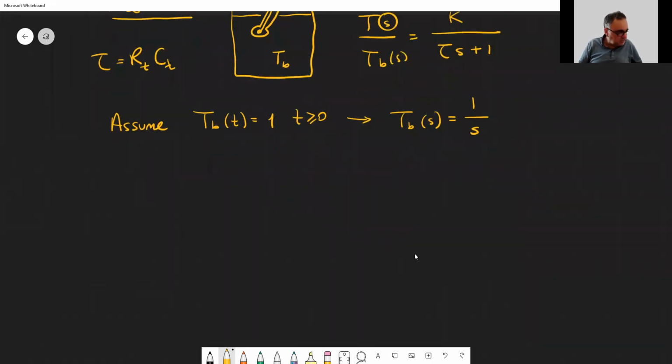We can assume a finite temperature, but just to make things simpler, T of 0 is 0.